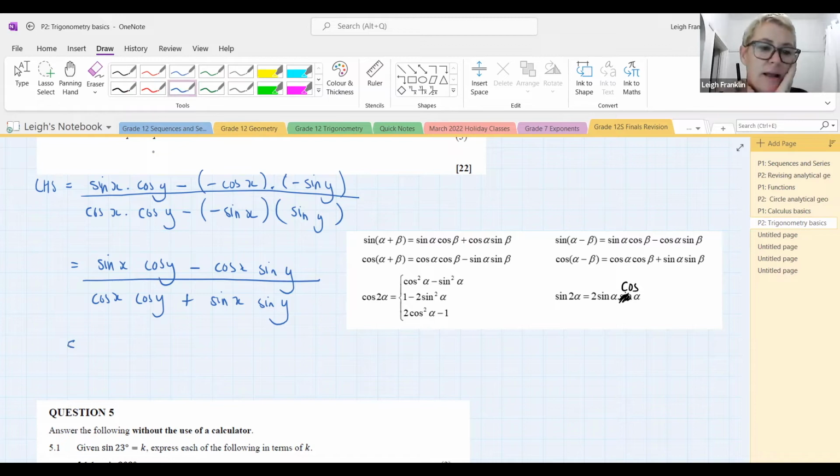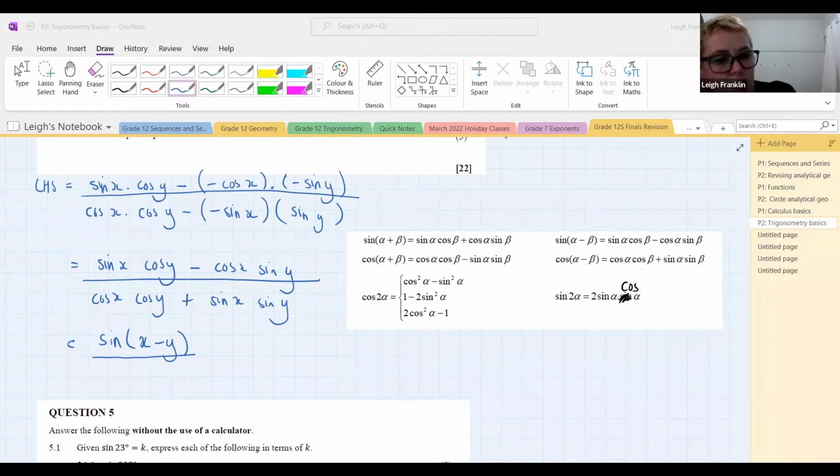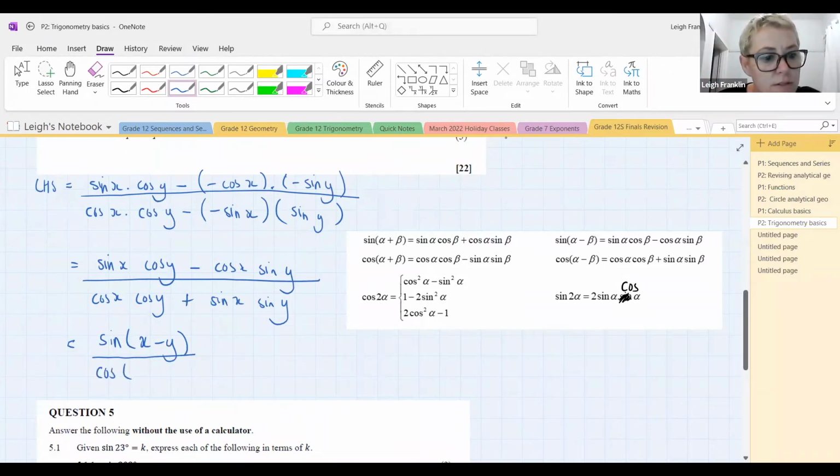So sine x cos y minus cos x sine y is a sine compound angle, and sine keeps its sign. So this means that we would end up with sine (x minus y), like so. And at the bottom, we can see that we've got another compound angle, a cosine compound angle. So here we're going to end up with cos (x minus y) as well.